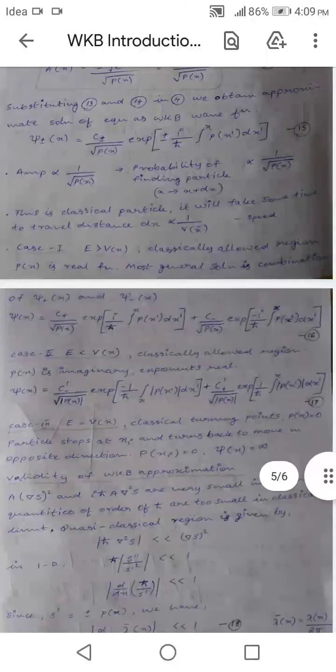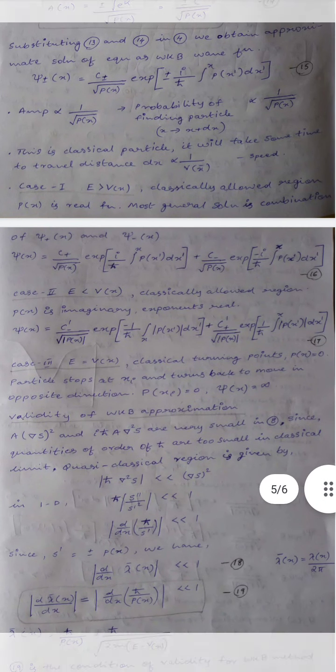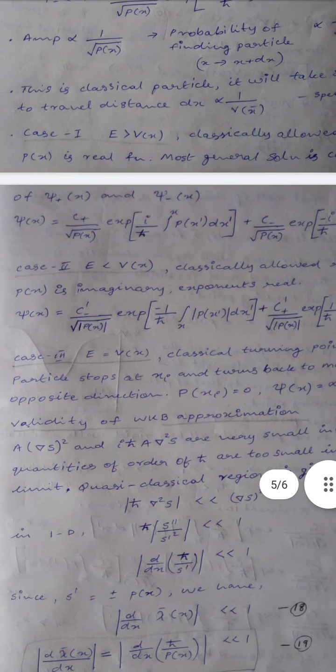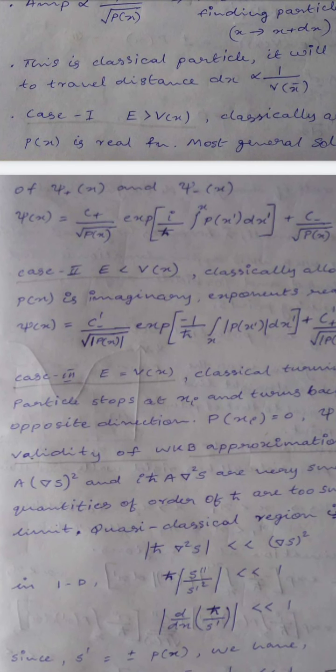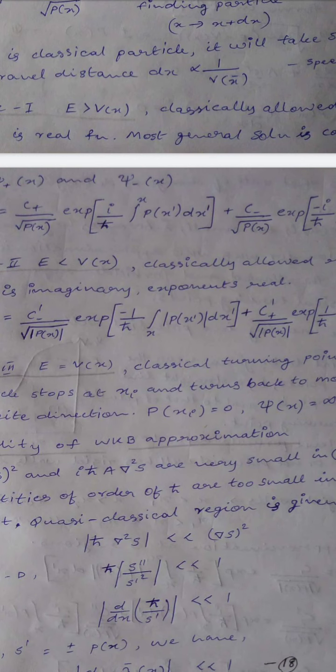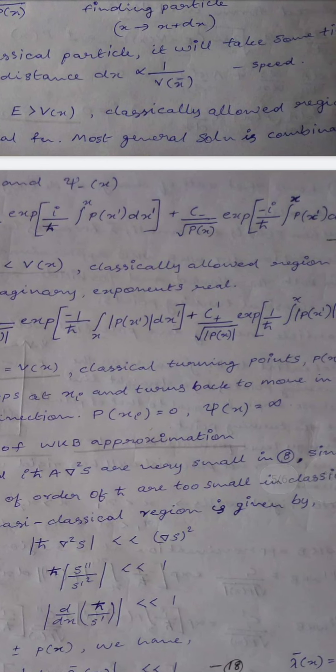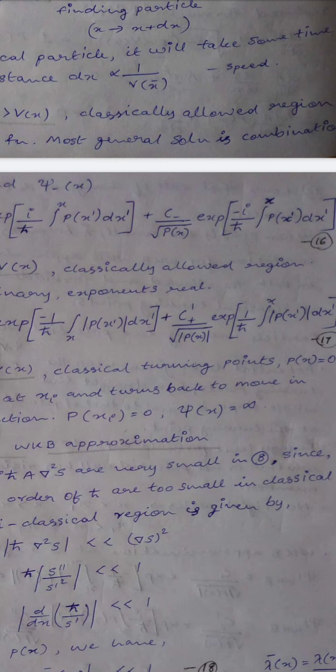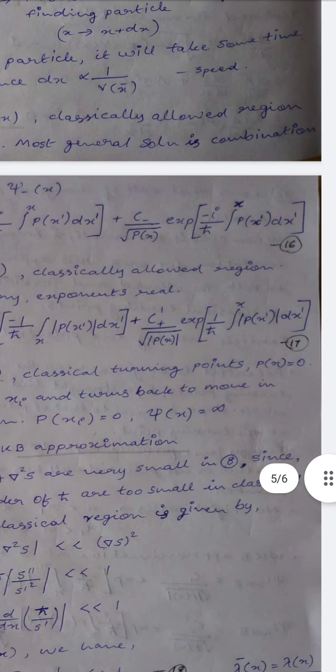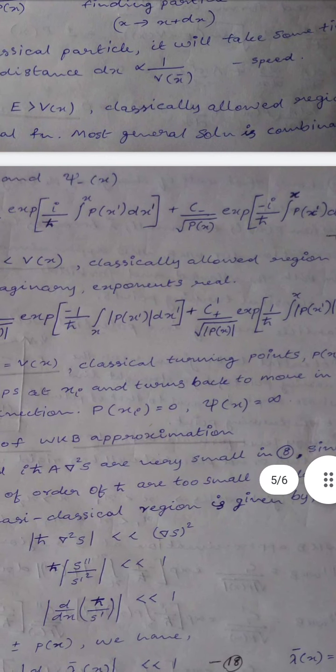Here, p of x is imaginary and the exponents are real, and the wave function psi of x is given by psi of x equal to C minus by root of mod p of x, exponential minus 1 by h cut integral from lower limit to x of mod p of x dx, plus C plus by root of mod p of x, exponential 1 by h cut integral from x to upper limit of mod p of x dx.